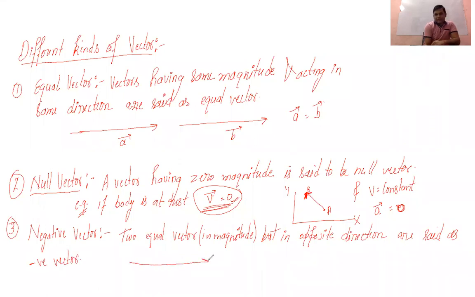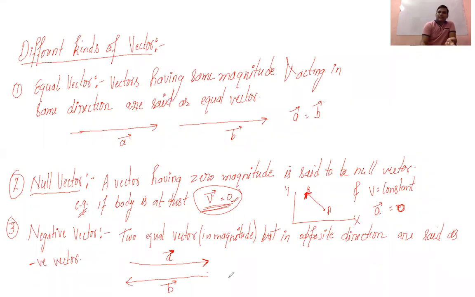You can take an example like this. Suppose this is your A vector and this is your, let's say, B vector. Now you can see these two vectors have an equal magnitude, but the direction is reverse.